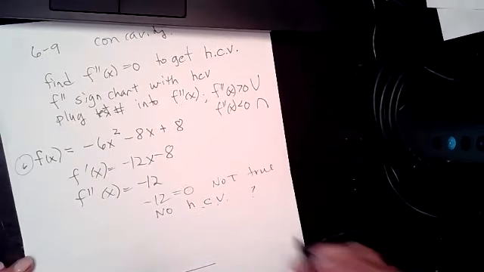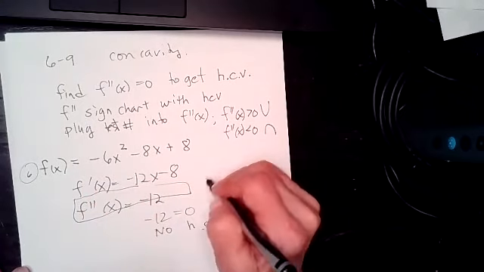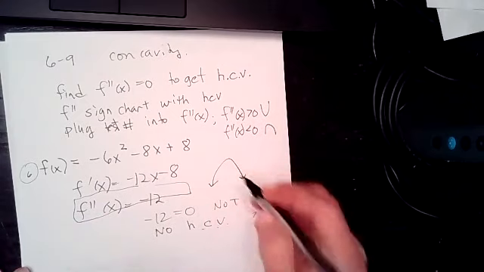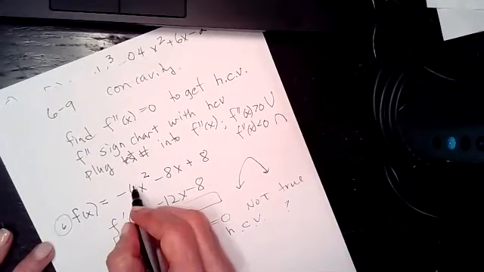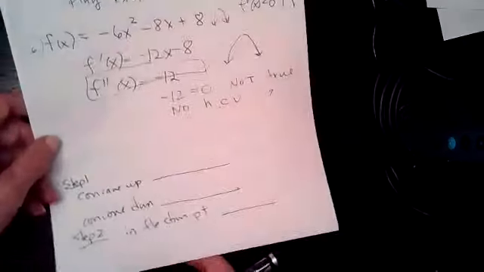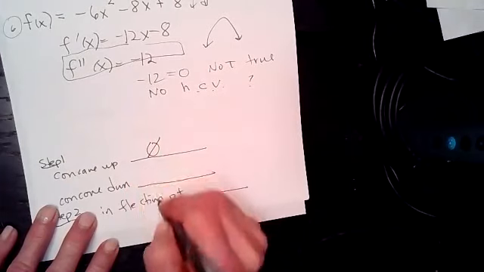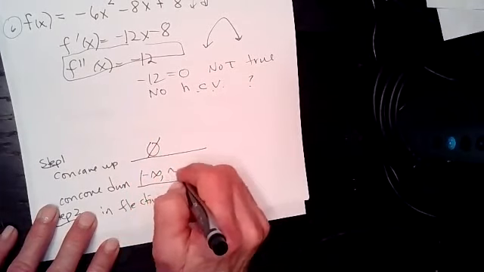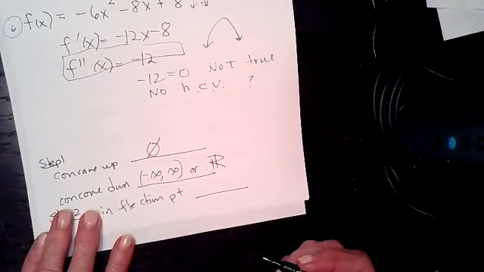Well, I know that the second derivative is negative, so that means it's always concave down. And if you look at your function, negative 6x squared, it's concave down. So where is it concave up? Nowhere. Where is it concave down? From negative infinity to infinity, or you could put the one on the keypad, all real numbers.